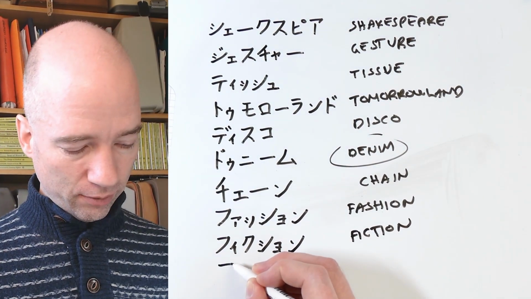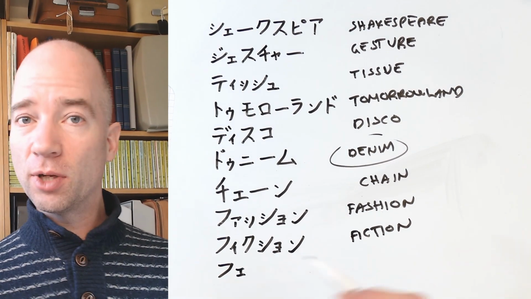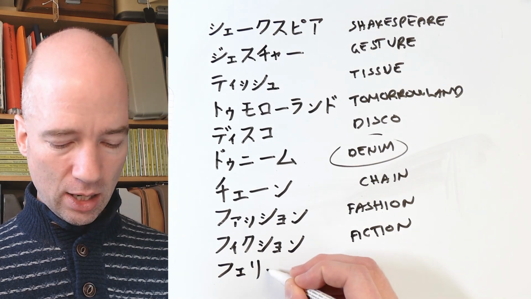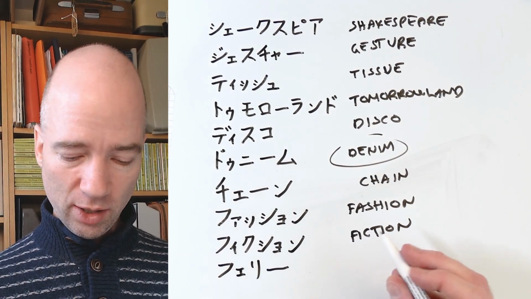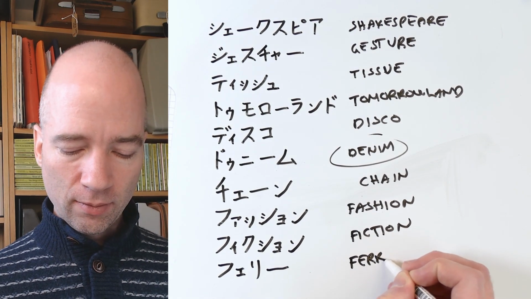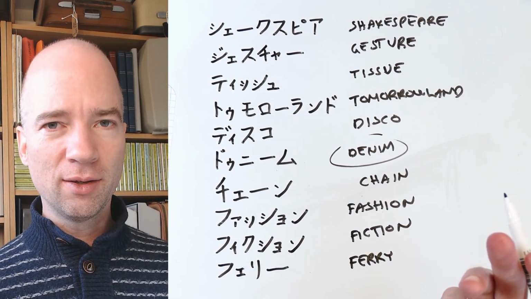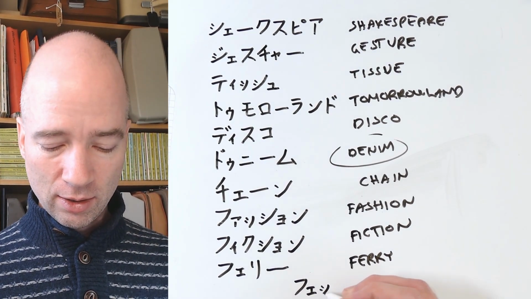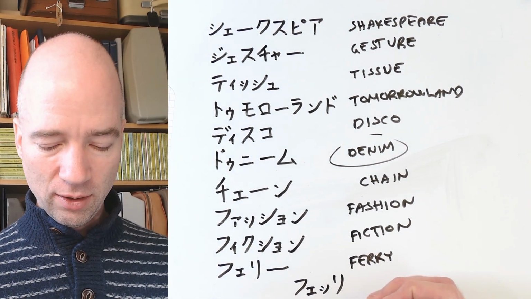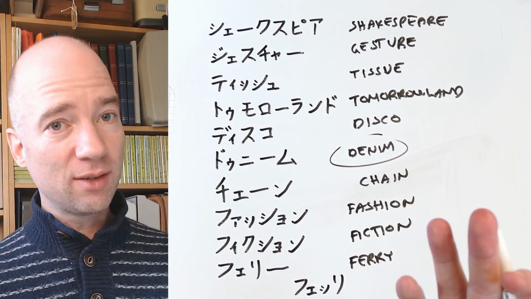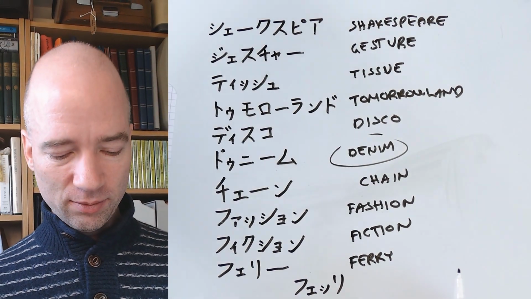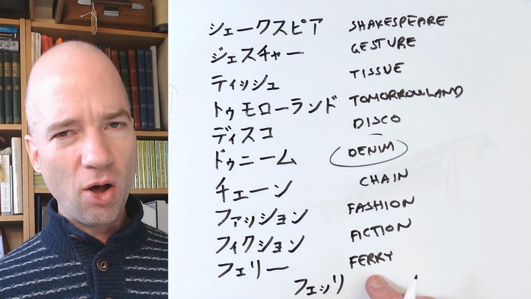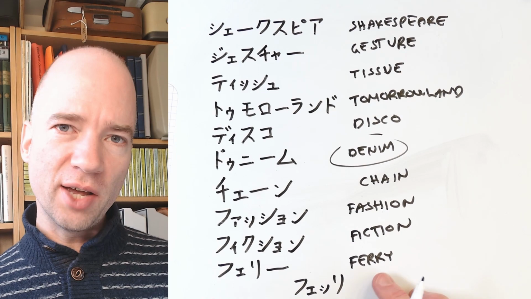And then we have fu plus small e becomes fe, and then we have ri and a long e, and that is an interesting one as well, because that means ferry. But you would think that ferry was written fe, ri, ri, but it isn't. I'm not sure if they actually do doubling of the R sound at all in Japanese.